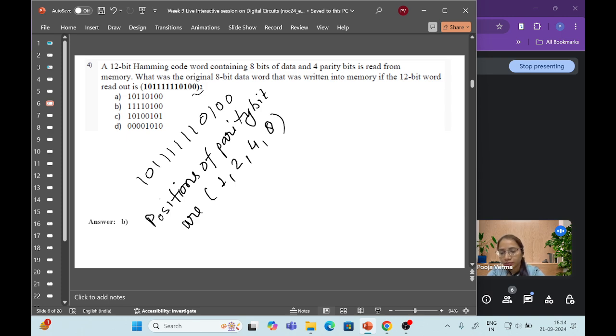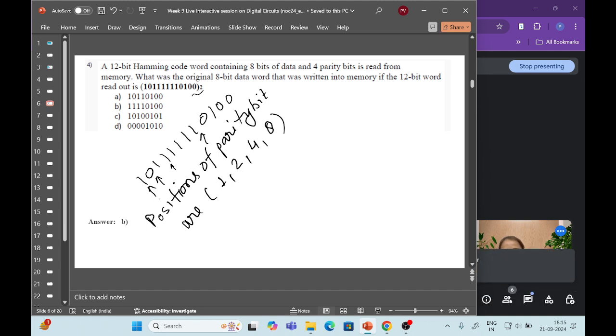So in the 12-bit sequence, this is the first, 1, 2, 3, 4, 5, 6, 7, 8. In these positions, parity bits are placed. So we can remove those, then we will get our data bits.